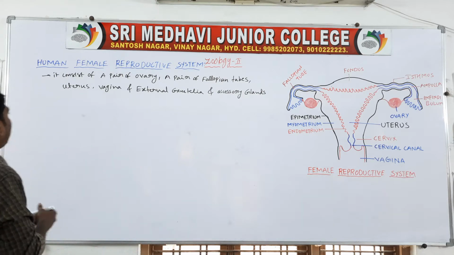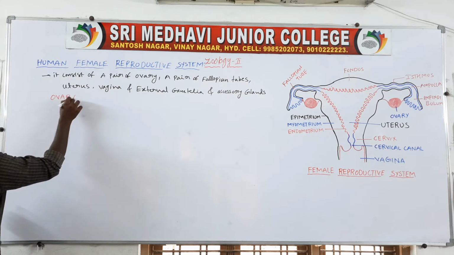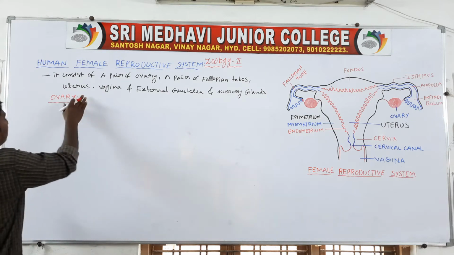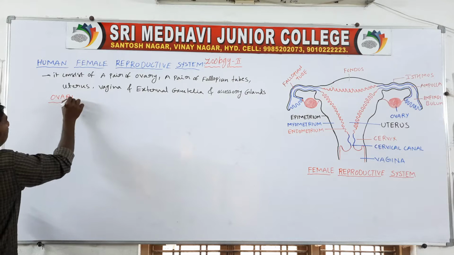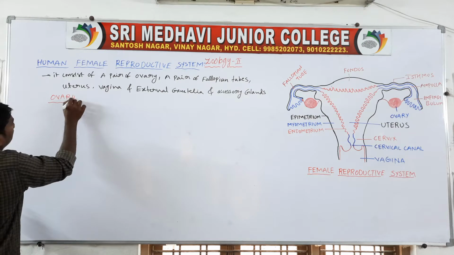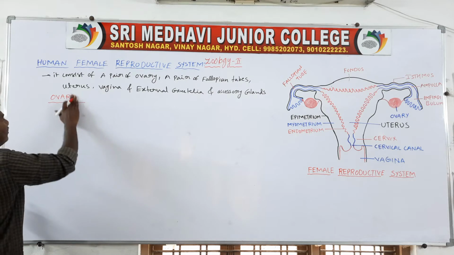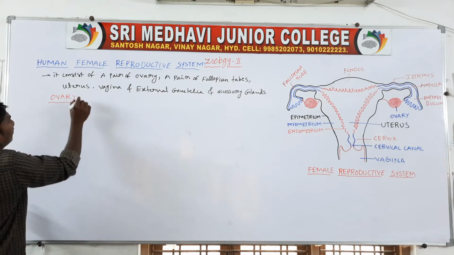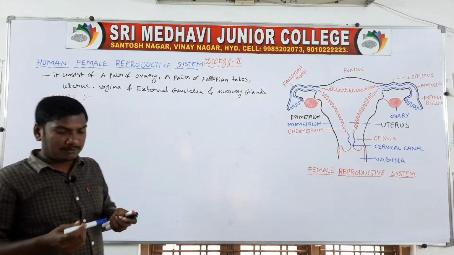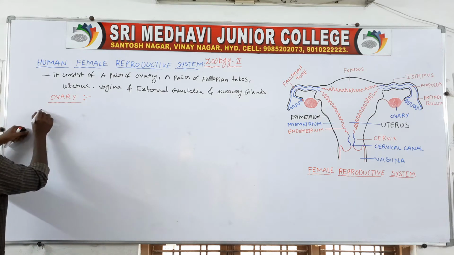First heading, ovary. In the female reproductive system, the ovaries are the primary female sex organs.